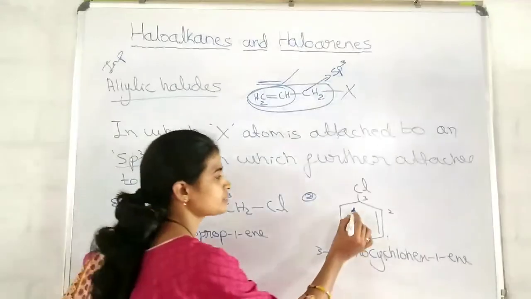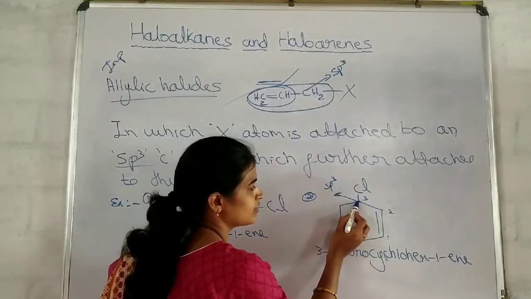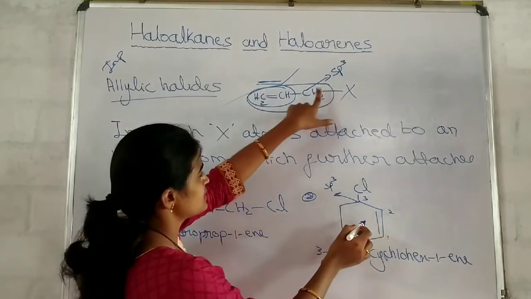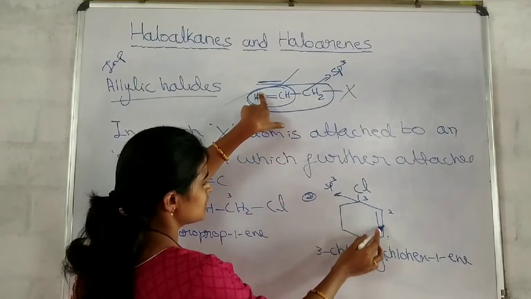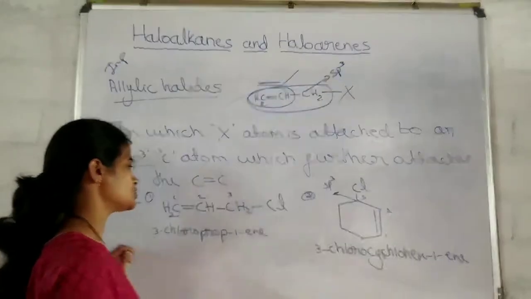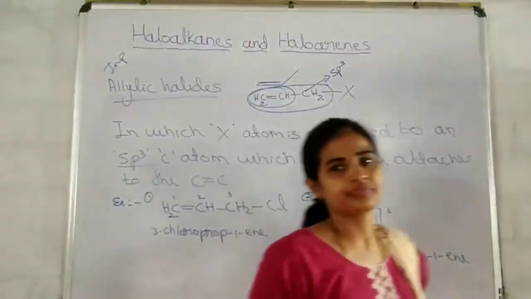See here, this is what? An sp3 hybridized carbon atom, single bond, and it is further attached to the carbon-carbon double bond. These two are the best examples for the allylic halides.